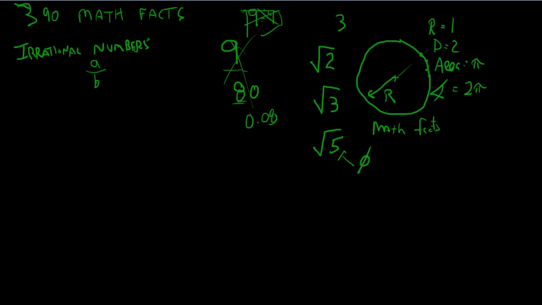So at some point in time, long before students can get their arms around these repeating decimals, or these decimals that go on forever, they can understand what these lengths are, or even areas are, by looking at the concept of geometry, which they do anyway, at least in everyday math.